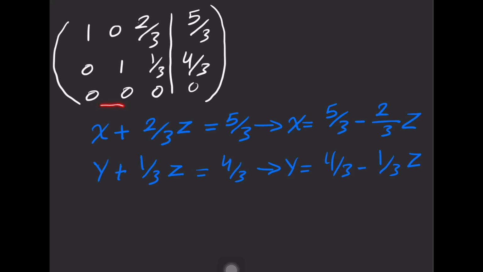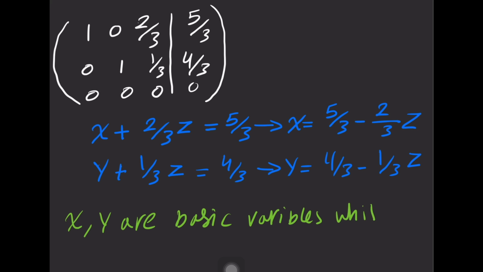And in row 3, we notice that we have all zeros, so row 3 does not give us any new information since it's all zero. We now know that x and y are basic variables, so let's write this down here. x and y are basic variables, while z is a free variable.